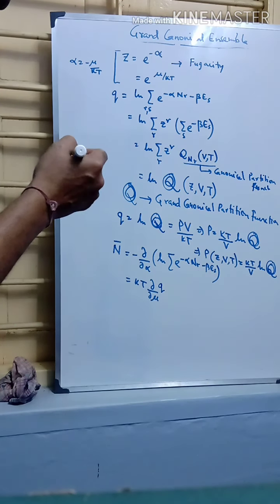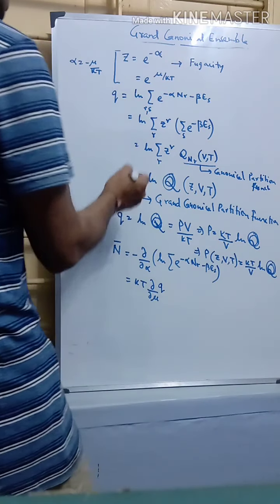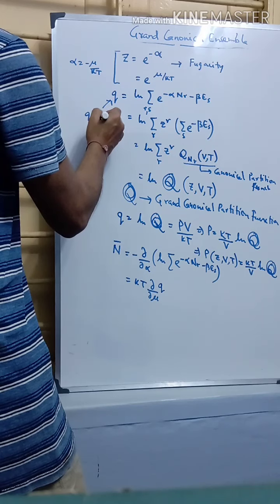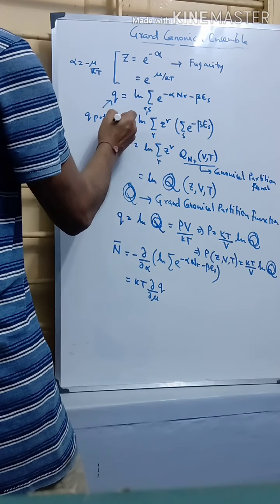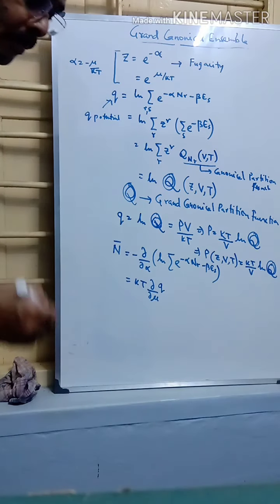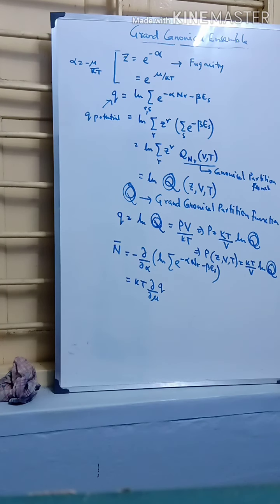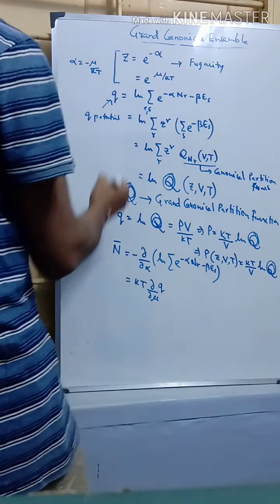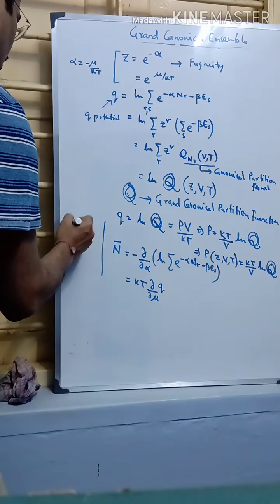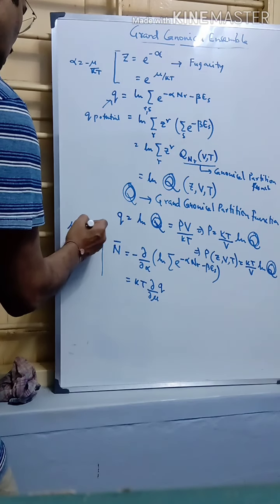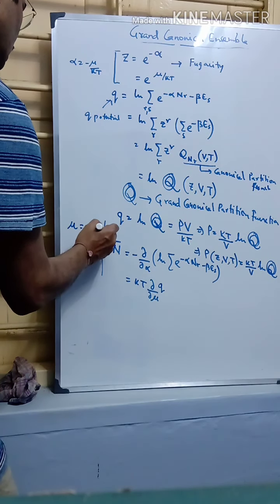Once the q potential is determined from the canonical partition function, we need del q by del mu, and that can again be written if you know mu in terms of z. So again you can write mu equal to kT ln z.